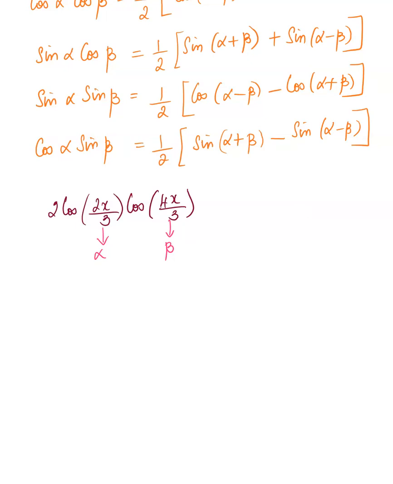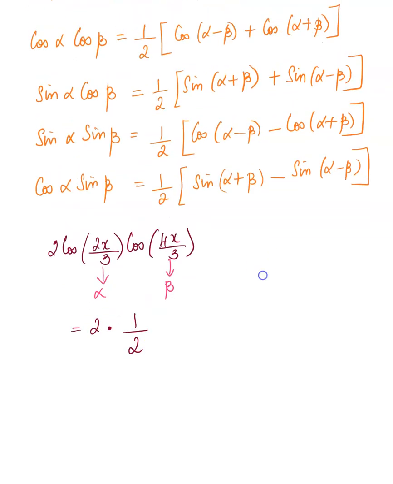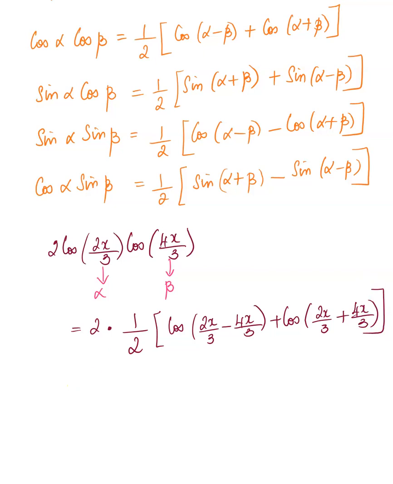And for that we have 2 times, the formula has a half, right? In fact, which one are we using? We're using the first one, okay? Cosine cosine. So half times cosine alpha minus beta. And that's happening in the angle itself. So 2x minus 3 minus 4x over 3, not minus 3, plus cosine 2x over 3 plus 4x over 3. Now the halves, the 2 and the half can cancel off. That gives us cosine, that will be negative 2x.